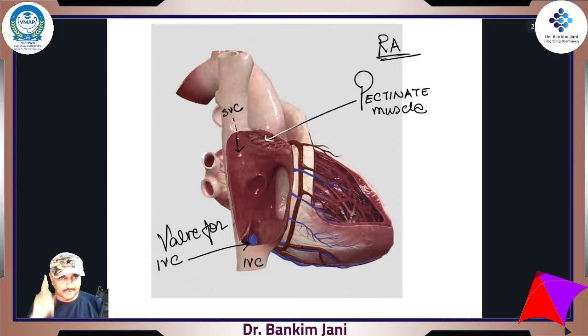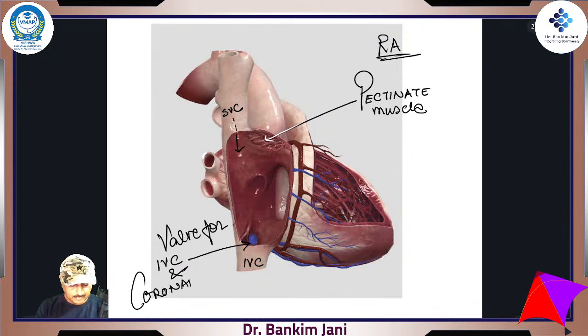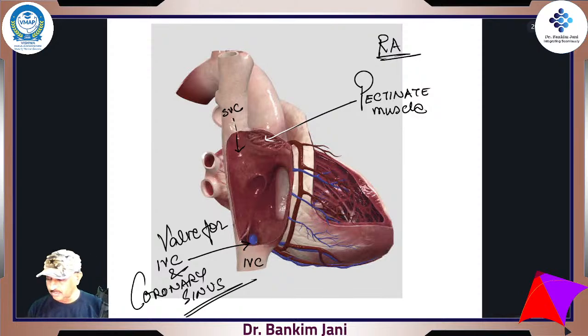And one more thing opens here, called the coronary sinus. Coronary sinus is where all the blood of the coronary veins is dumped. They come over here, and from here it goes into the right atrium.